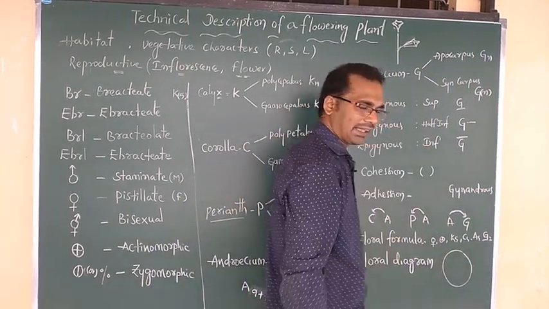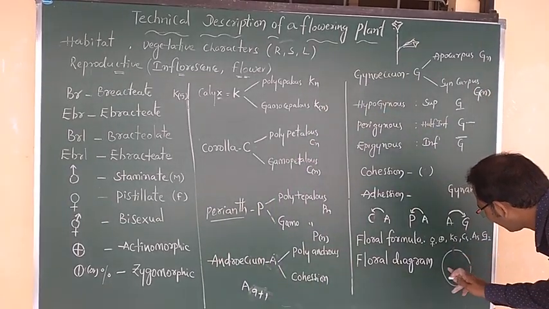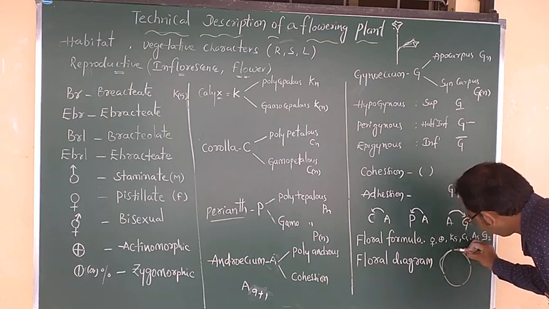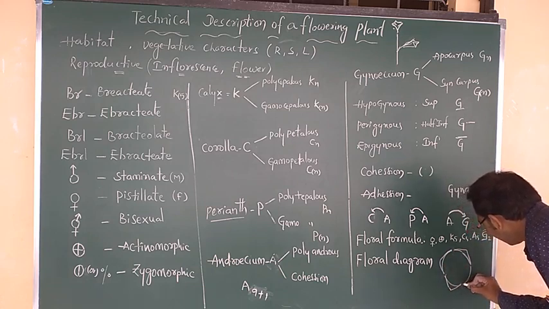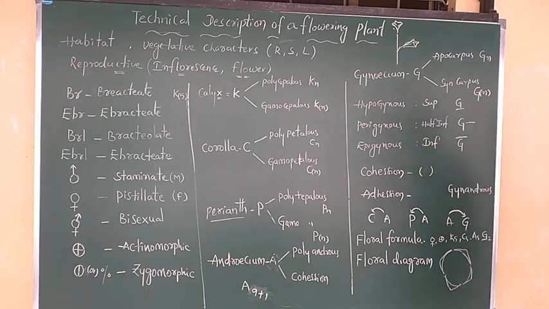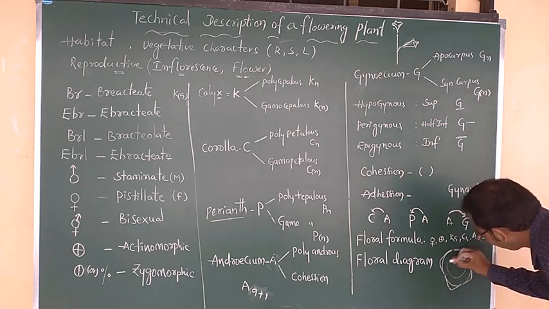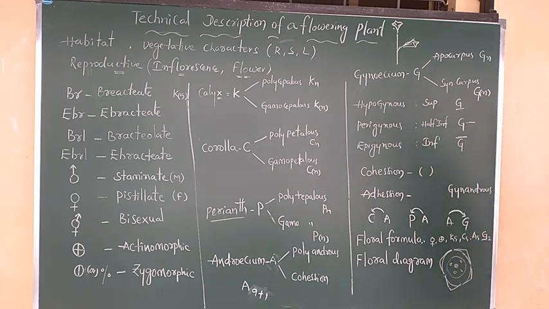This is the outer whorl, that is called calyx. And this is called corolla. And how many stamens are present, I will write stamens. And how the gynoecium is present. This is called floral diagram.